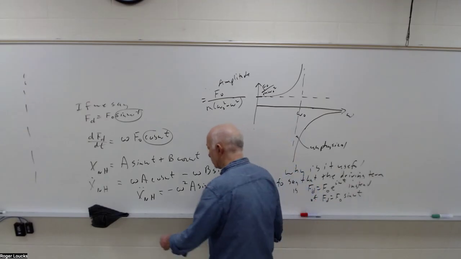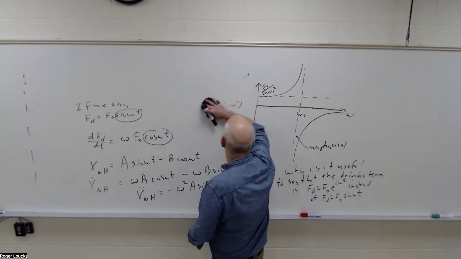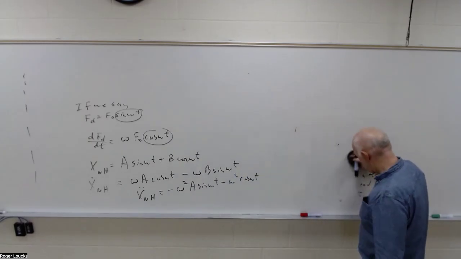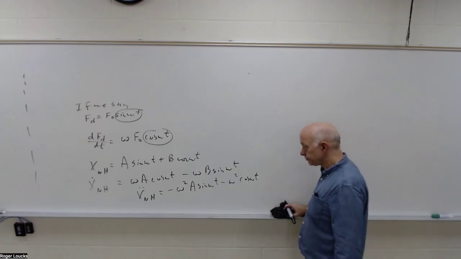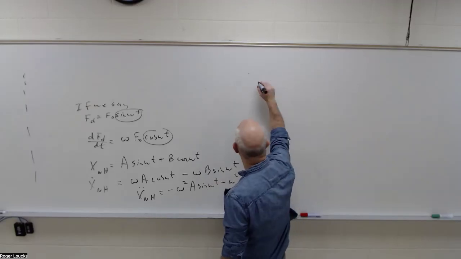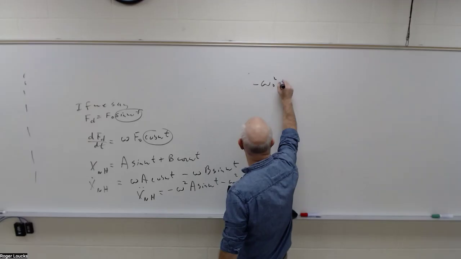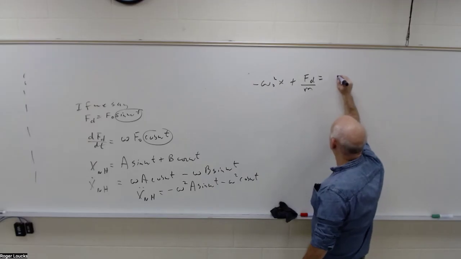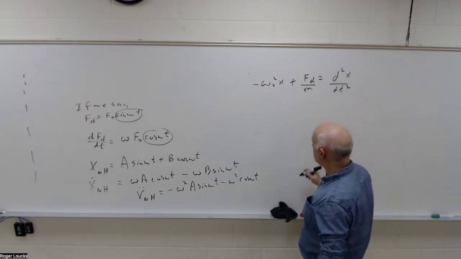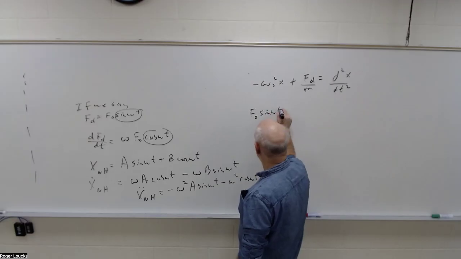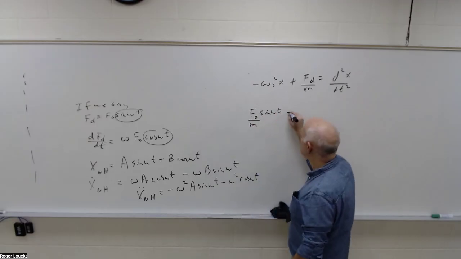Now you have to sub this back into the differential equation. We do that. What do you end up with? You end up with the following. So our equation is this. Put this all in here. I get this F naught sine omega t. I take this to the other side.